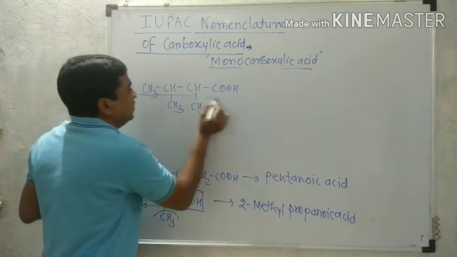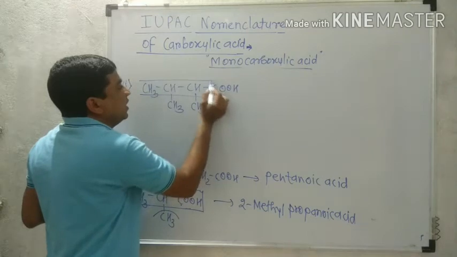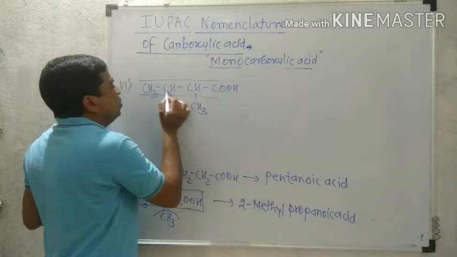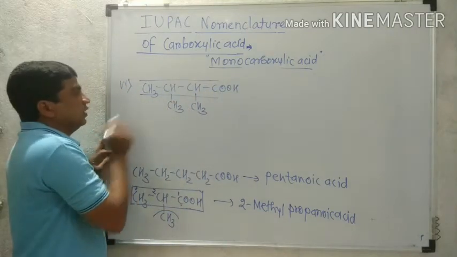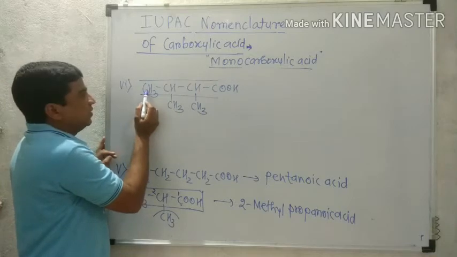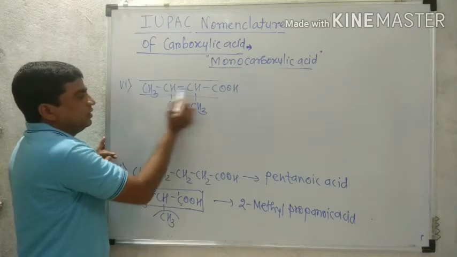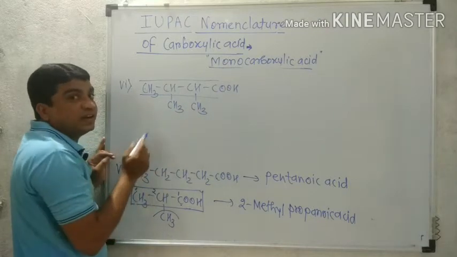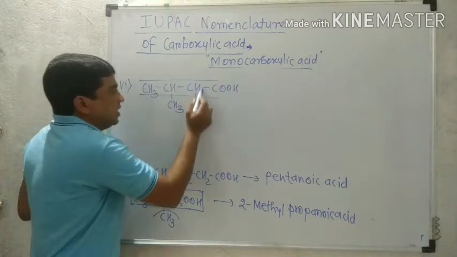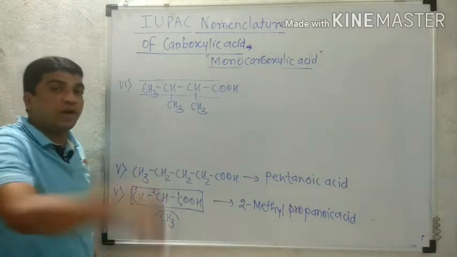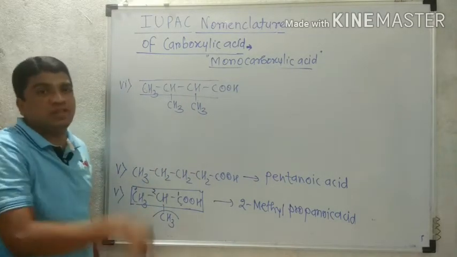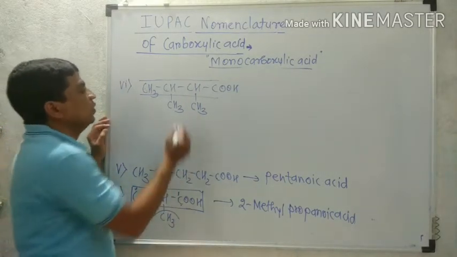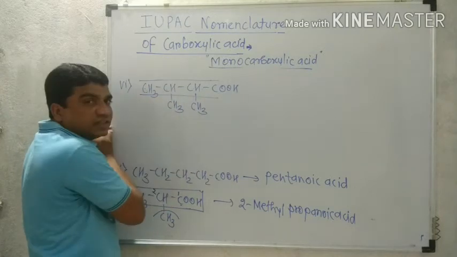So this is the long chain, because it contains 1, 2, 3, 4 carbons. Another chain, 1, 2, 3, 4, also contains 4 carbons. But this chain cannot be selected because it does not contain COOH. We require COOH along with the parent structure. So now this is the long chain in the structure.